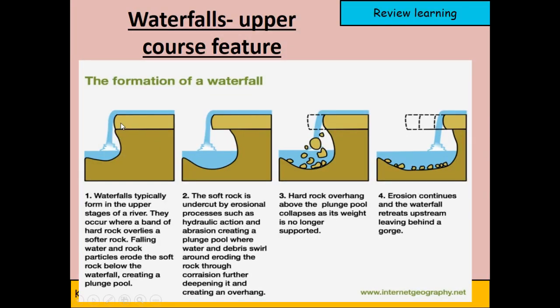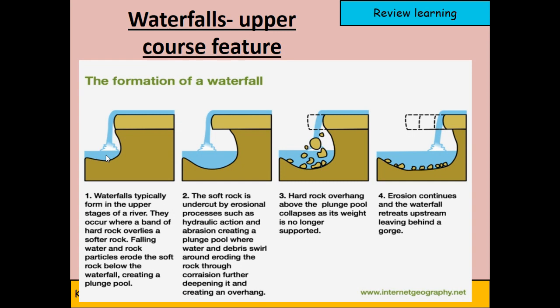You have your hard rock, your soft rock, you have hydraulic action, abrasion and solution dissolving, eroding the rock. Okay, it's very important that you talk about those features when explaining your answer. So the hydraulic action is the force of the water eroding that rock as it's falling over the edge and into the plunge pool. Talk about the abrasion of the rocks that are being thrown over the side, and also the ones that are in the bottom of the plunge pool as well, scraping.